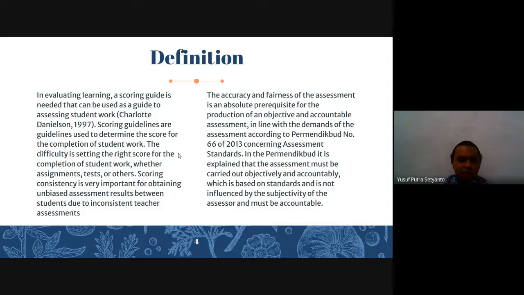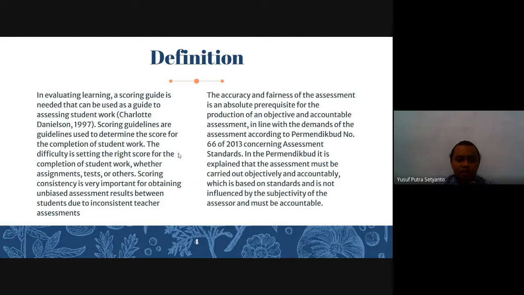Scoring consistency is very important for obtaining unbiased assessment results between students, due to inconsistent teachers' assessment. The accuracy and fairness of the assessment is an absolute prerequisite for the production of an objective and accountable assessment. This is in line with the demands of assessment according to Permendikbud number 66 of 2013 concerning assessment standards.